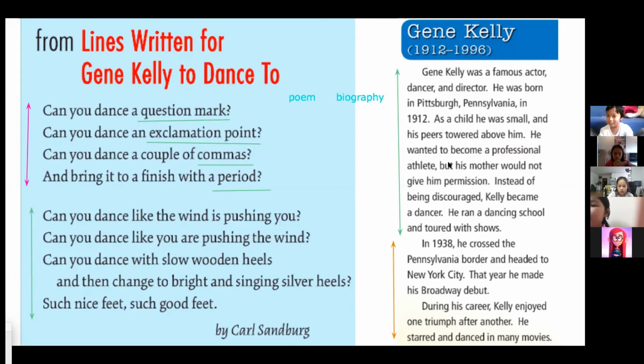And what else is different? So we know in our first one, poems have stanzas or verses. And what about in our second one? Instead of verses, what do biographies use?